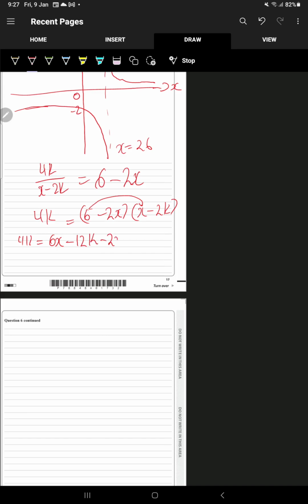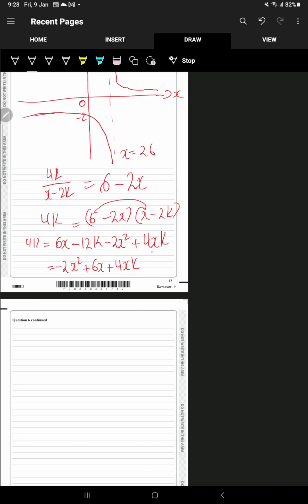This is going to be minus 2x squared, not 2xk, and this is going to be plus 4xk. So minus 2x squared plus 6x plus 4xk, minus 4k.